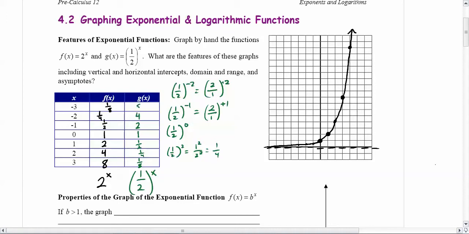So this is a very interesting effect. They both have the same y-intercept. And then as you get bigger and bigger and bigger, the numbers get closer and closer and closer to the asymptote of 0.